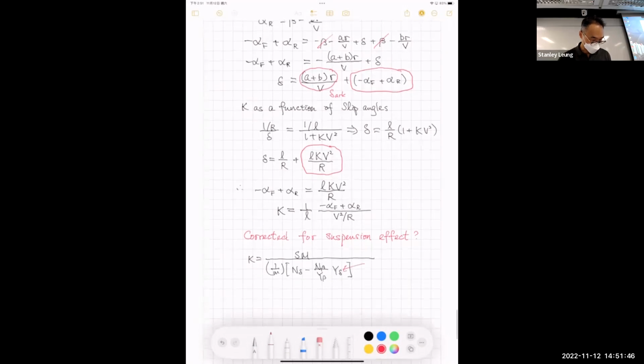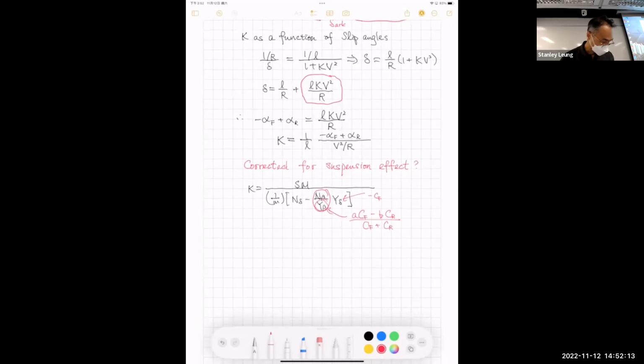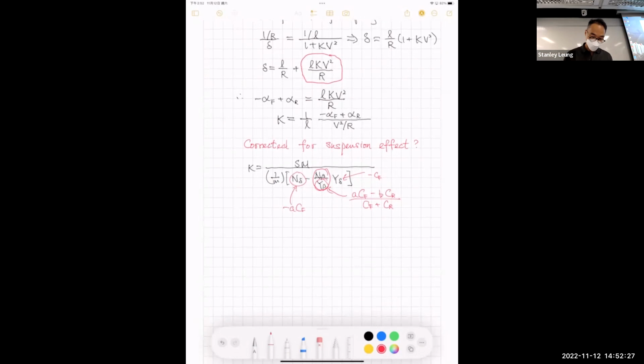This term equals minus C F, and the whole term equals a C F minus b C R, and N delta minus a C F. These are all the cornering stiffness.